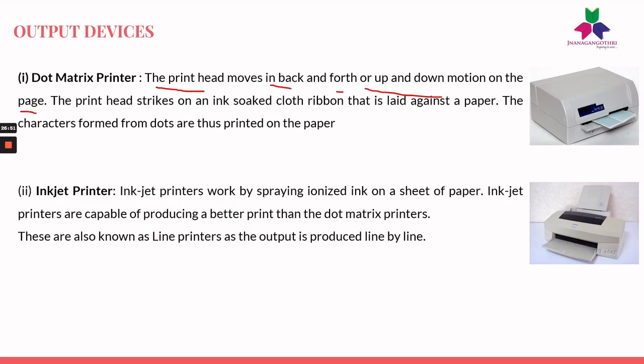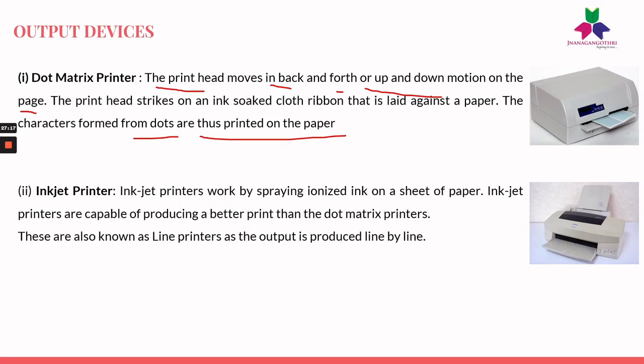The print head strikes an ink-soaked cloth ribbon that is laid against a paper. So the characters formed from dots are thus printed on the paper.